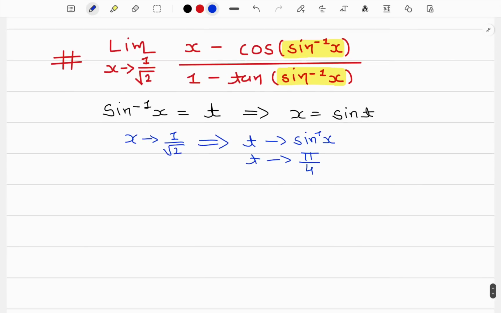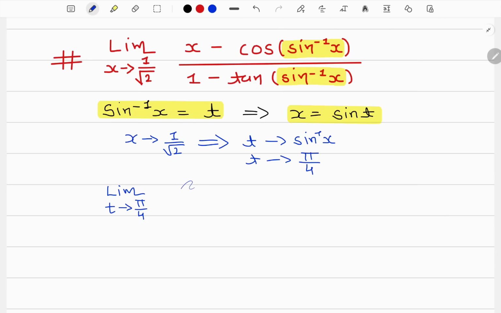So now our limit is t tends to pi by 4. Replace x by sin t, and sin inverse x by t.